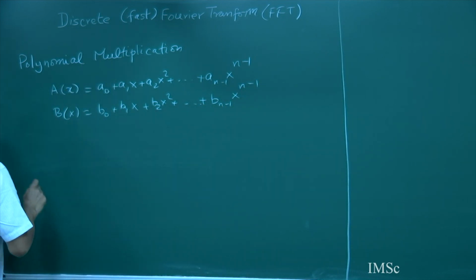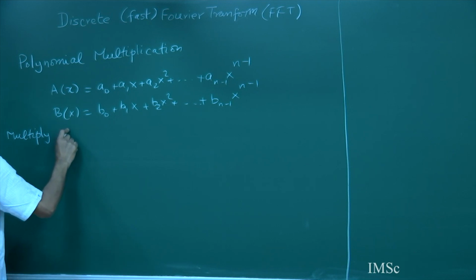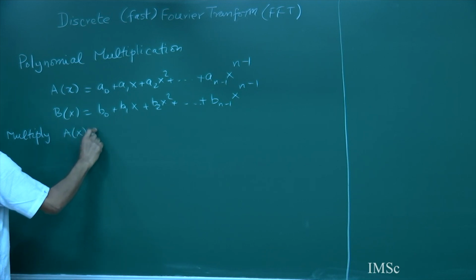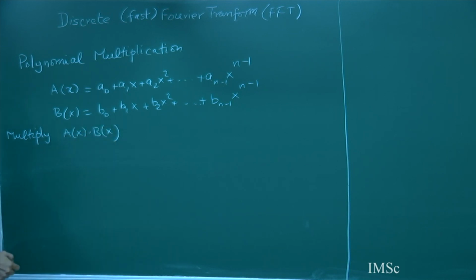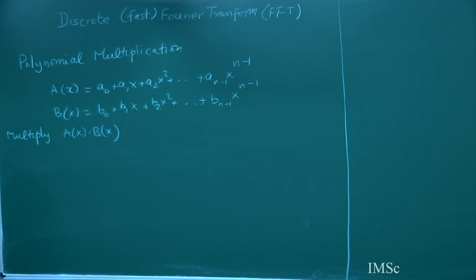We want to multiply them, right? Or compute A(x) times B(x). Because the coefficients are coming from some field, let's say it's some complex numbers, and we want to multiply these two polynomials. We want an efficient algorithm for this problem.